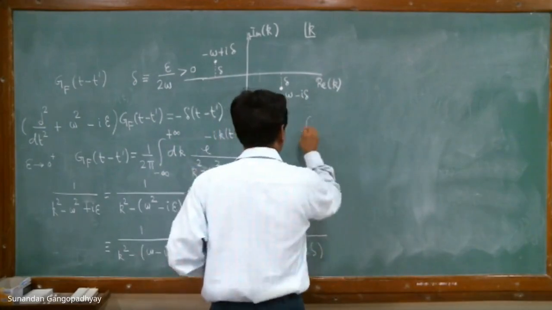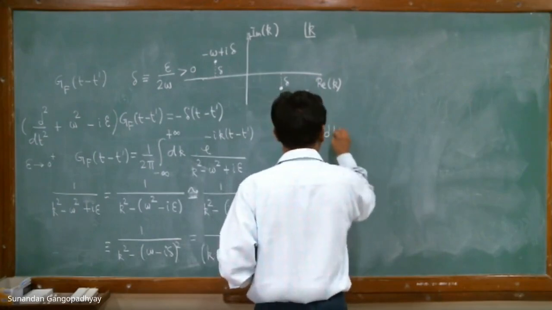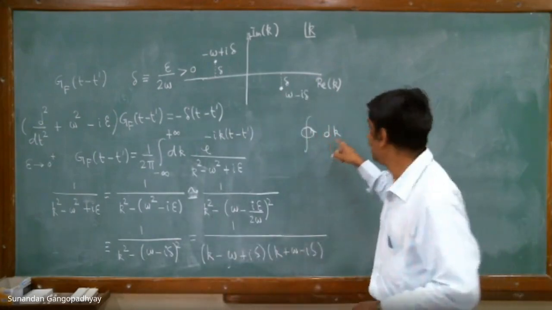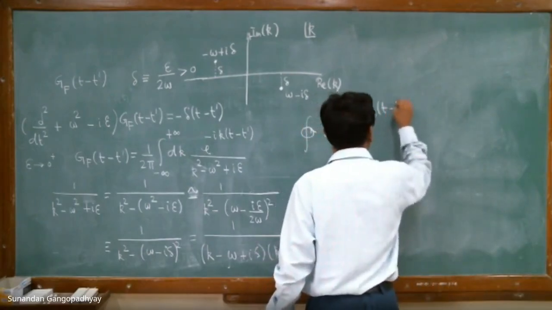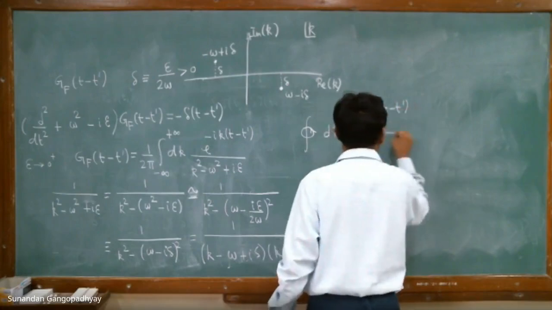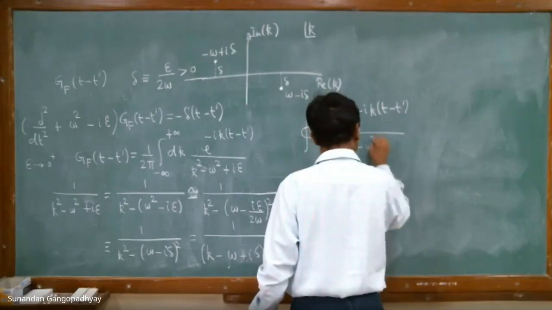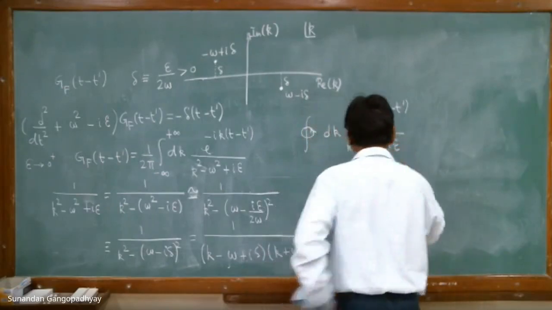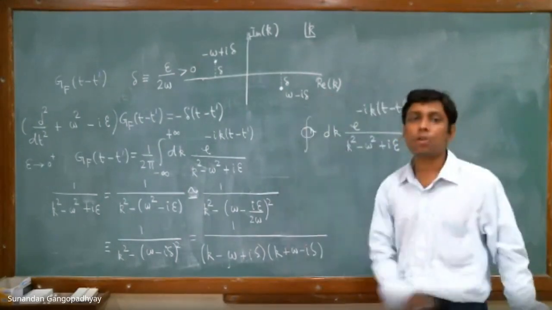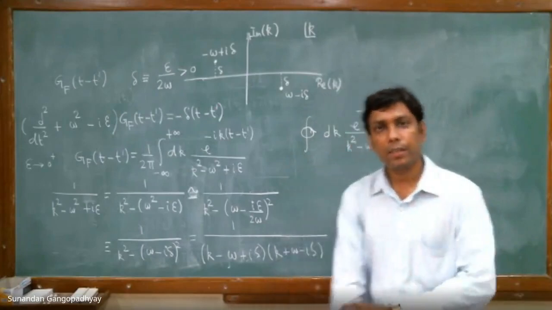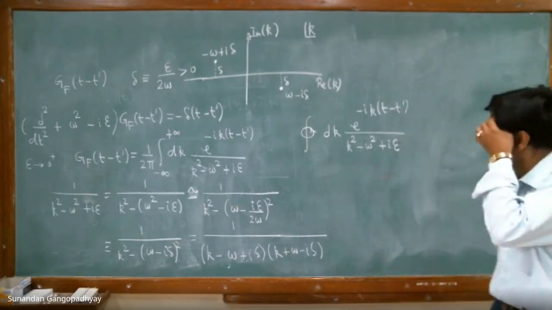We want to perform this integral dk, where k is now a complex number, of e to the power of i k times t minus t prime, divided by k square minus omega square plus I epsilon. So this k is a complex number now, and we want to compute this contour integral, right? This is the standard technique in complex variable analysis.